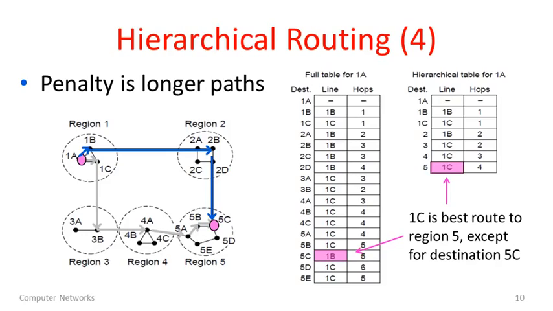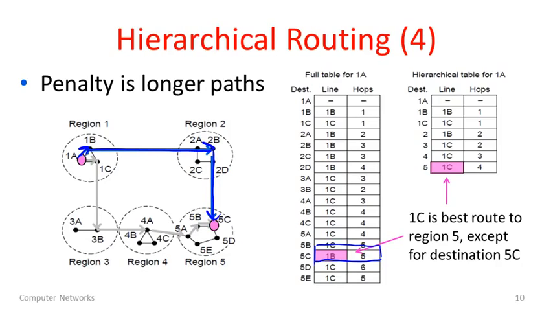That's the example here. You can see in the full table, from 1A, if I want to go to 5C, it's this entry here, it says I can get there in 5 hops going via 1B. And you can see I've put in blue on the diagram the path we would have taken to get there. You can count it and you can see that it's 5 hops.